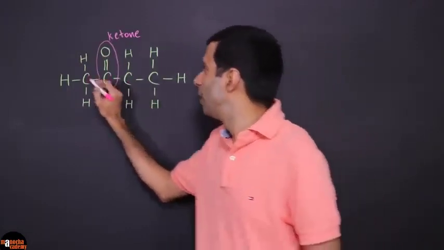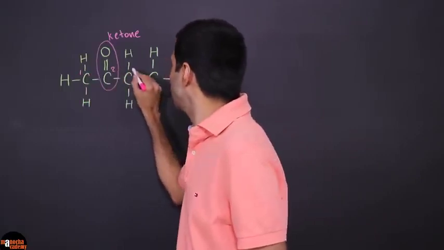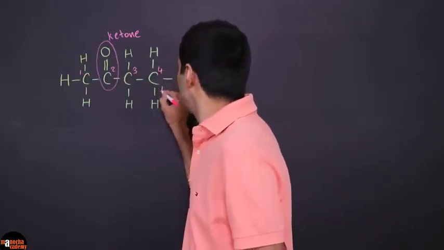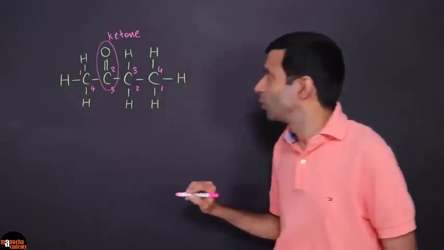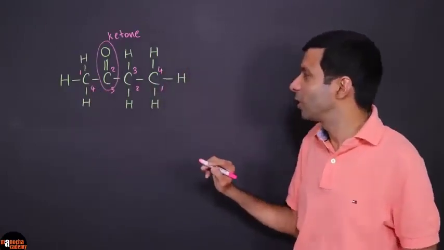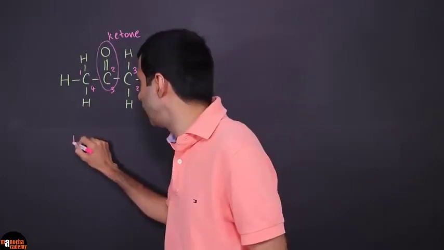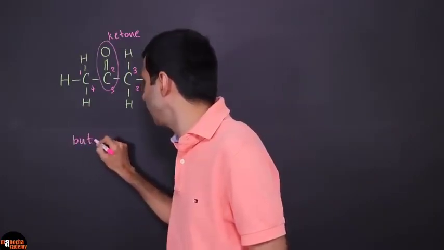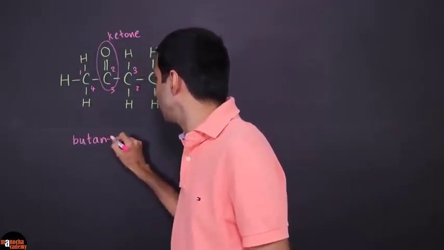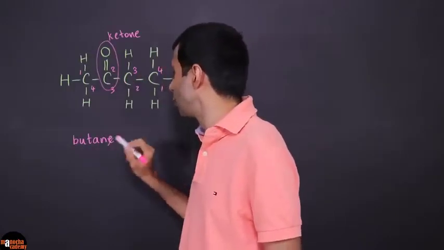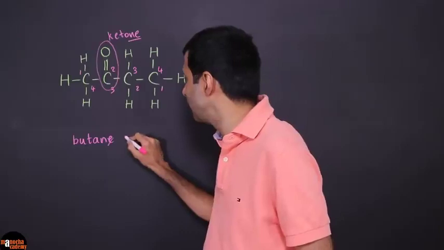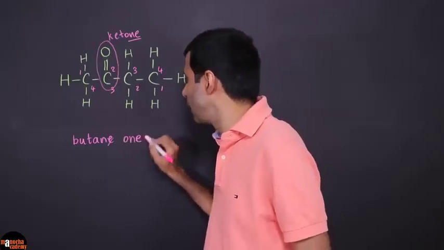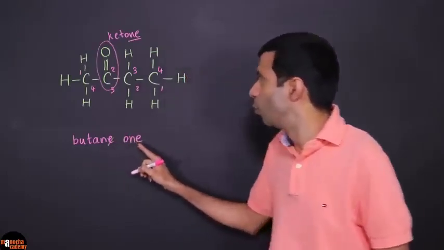So let's number our longest carbon chain. 1, 2, 3, 4 and reverse 1, 2, 3, 4. Okay, so if we ignore the functional group, it would have been a butane, right? But there's a functional group in there, so I'm going to delete the E, and in ketone the one gets added, so it becomes a butanone.